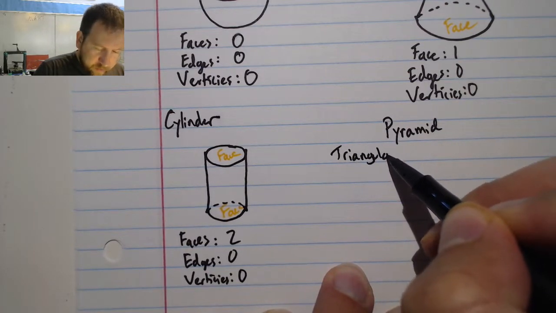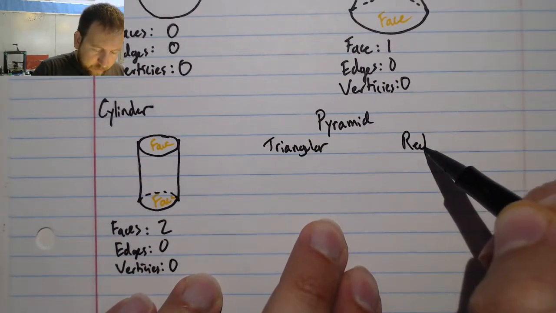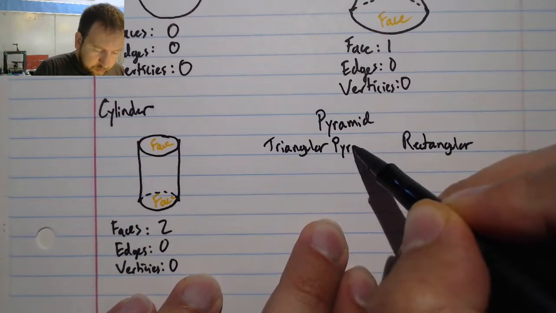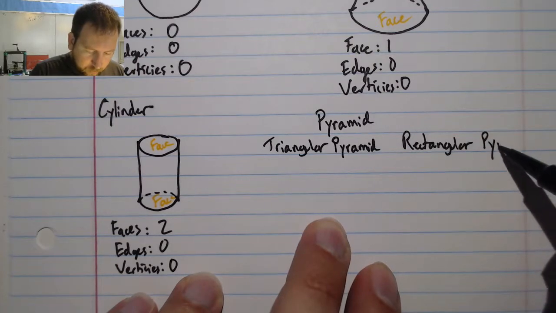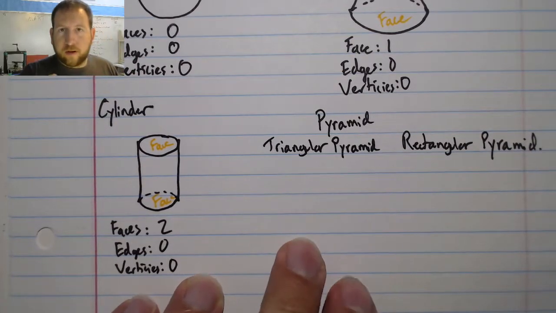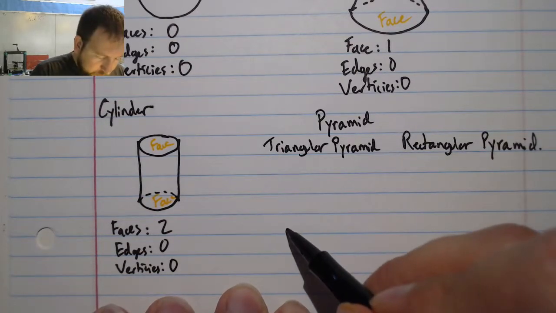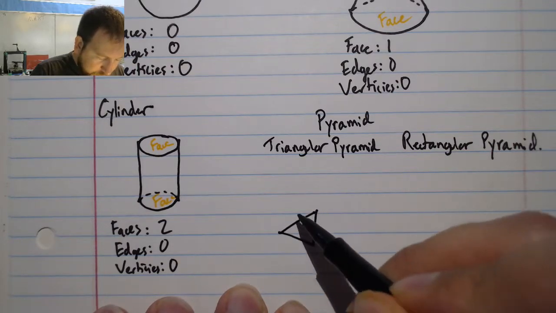Triangular and rectangular. And they're named due to their base. So our triangular pyramid looks kind of like this.